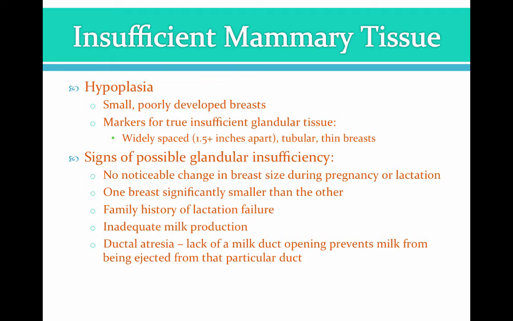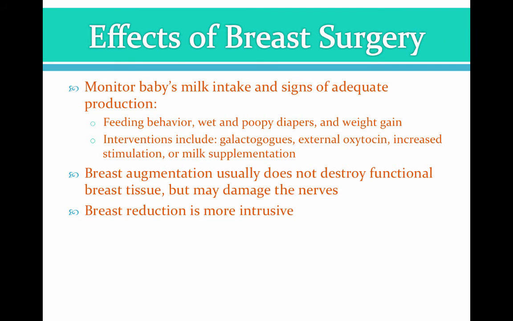Another possible sign of glandular insufficiency is inadequate milk production. And then ductal atresia is a lack of a milk duct opening, and that prevents milk from being ejected from that particular duct. Breast surgery can have an effect on milk production.